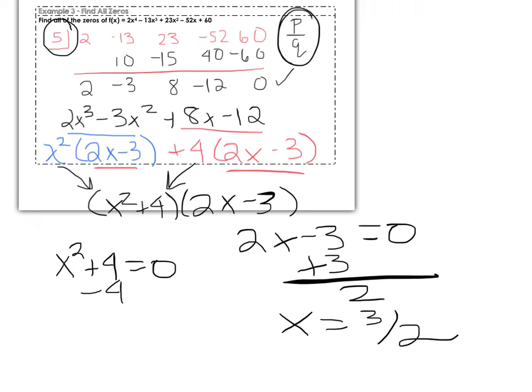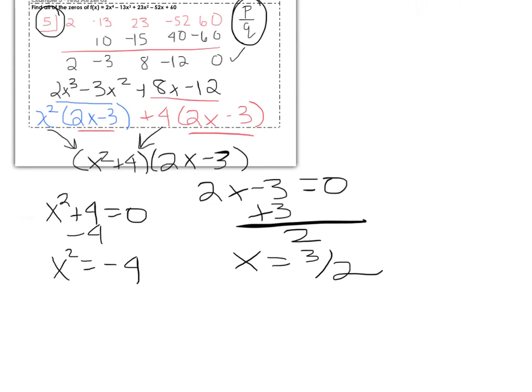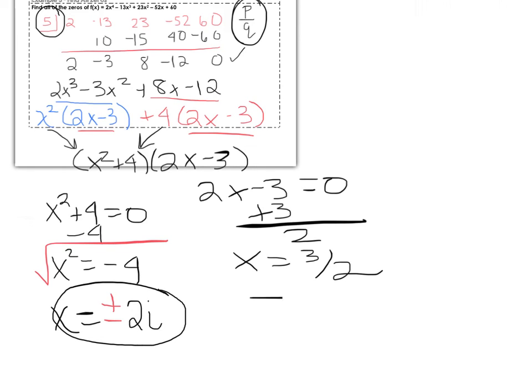Over here I'm going to subtract 4 from both sides, and then I'm taking the square root of -4, which I guess your imaginary number alarm should be ringing off the hook. So x is going to be equal to, when we take the square root, plus or minus the square root of -4, that's going to produce 2i, and we have now identified 2 complex roots and 2 real rational roots.